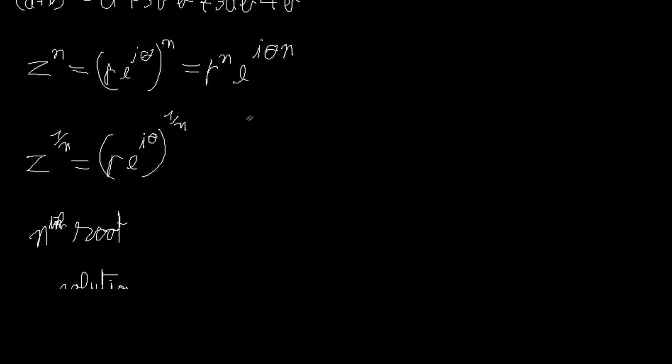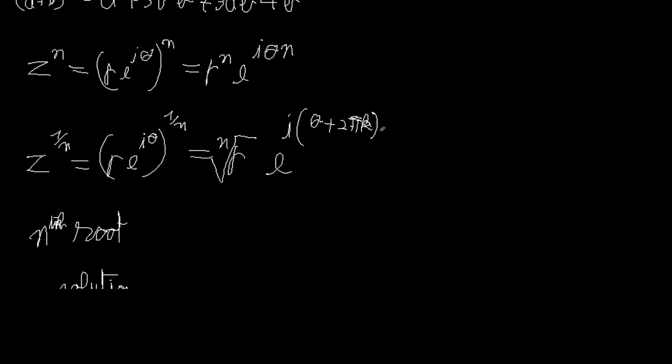Now for the formula, of course the r is going to be to the power of 1 over n, or if you want to write it like this, the nth root of r times e to the i times. Now, this is a tricky part. It is theta divided by n, but it's also not only theta, it's plus 2 pi times k. k is a whole number.